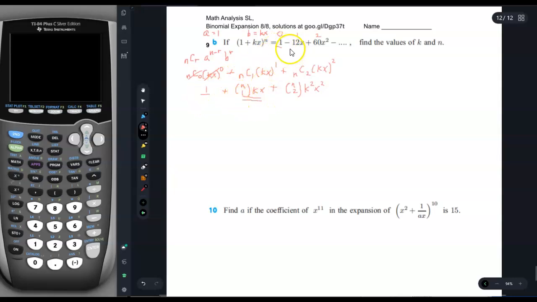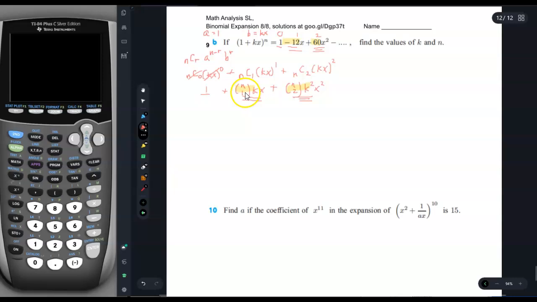This matches with negative 12x. And then this matches with 60x squared. Okay, so from this, we could just set equal the non-x part here, and the non-x squared part here, and those two are equal to each other. We'll make a little algebra problem.